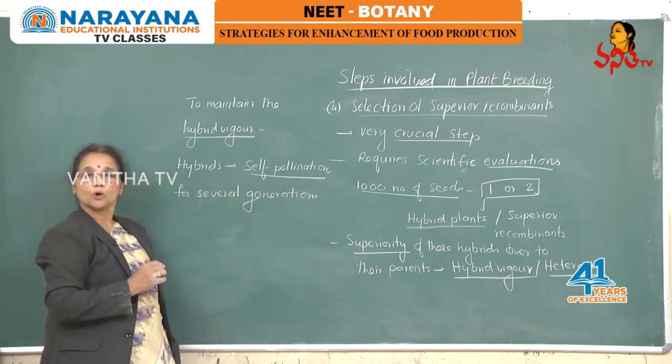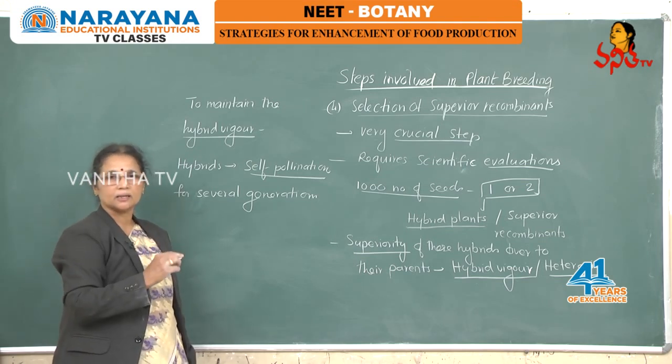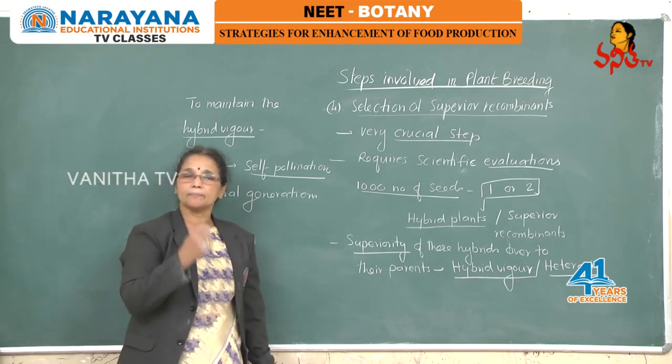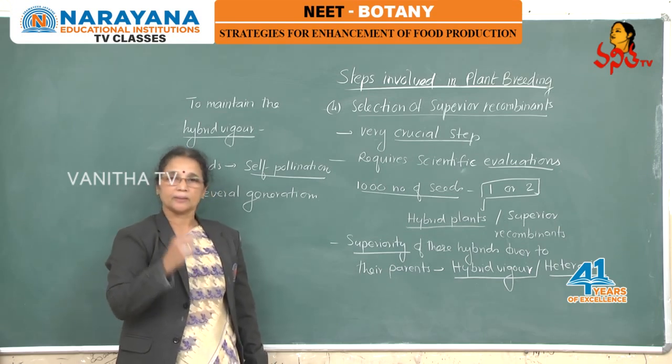So, this is the fourth step of the plant breeding program, children, which is very crucial and requires scientific evaluation to select the hybrid plants having the desirable combination from the parents.